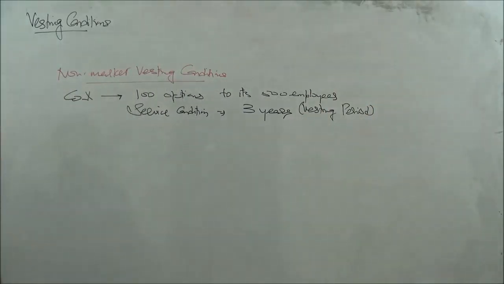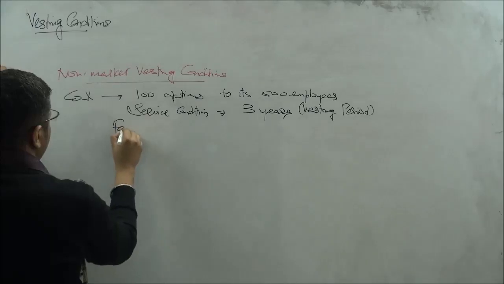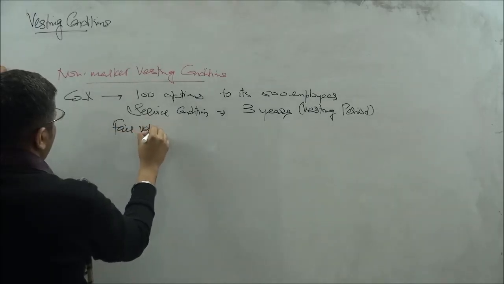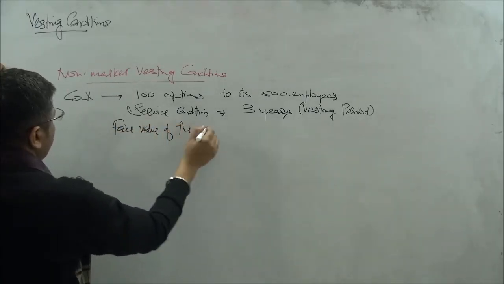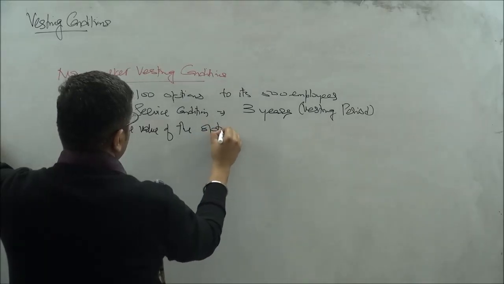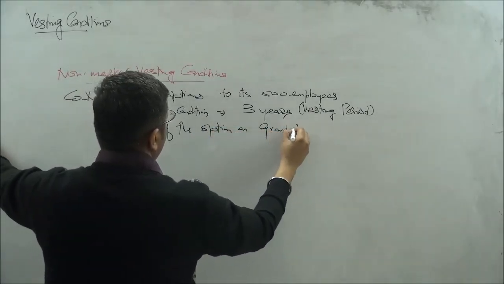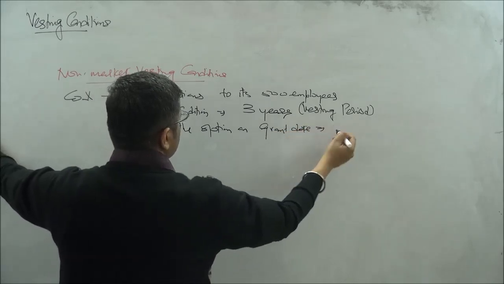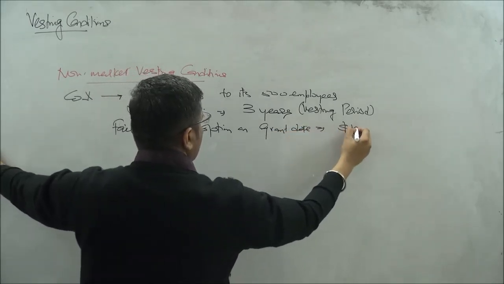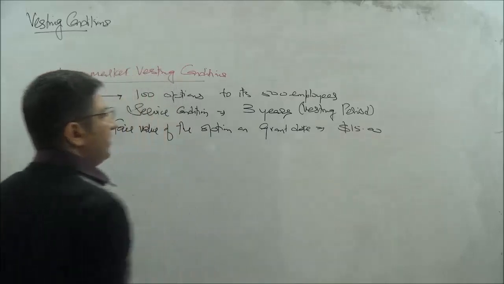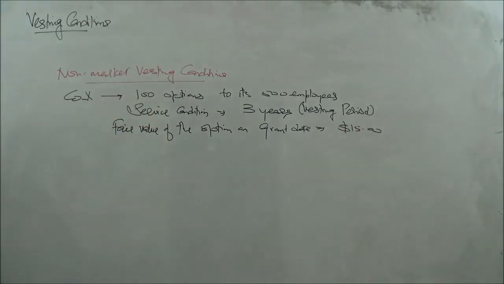Let's say the fair value of the option on the grant date is $15. All right.